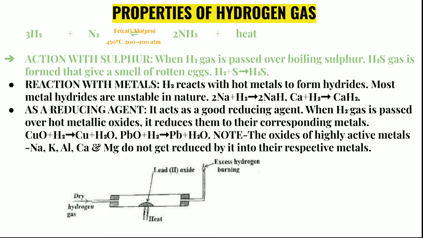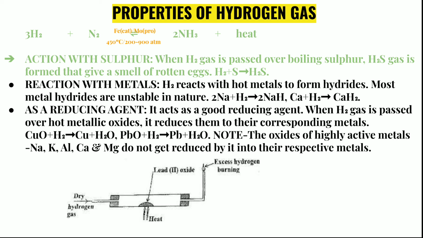Then again, lead monoxide with hydrogen forms lead and water. So hydrogen separates these metals from their metal oxides. The oxides of highly reactive metals like sodium, potassium, aluminium, calcium and magnesium do not get reduced into their respective metals, because they are high above hydrogen in the metal activity series and hydrogen is much lower.